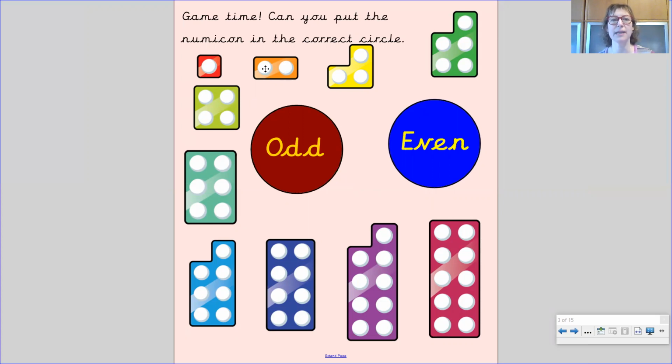So you can see these two have partners. If you take this one here, the 8, it's partnered with this one here. These two are partners, these two are partners, and these two are partners. So they are even numbers. The ones that have the one sitting on its own, the lonely one, like the 7 here, with no partner, those are odd.